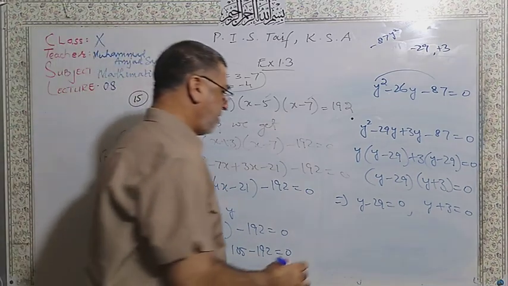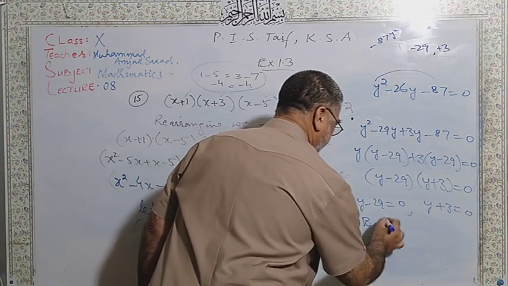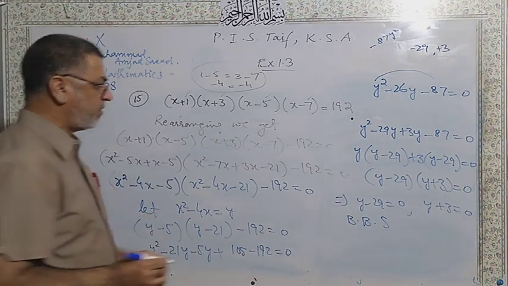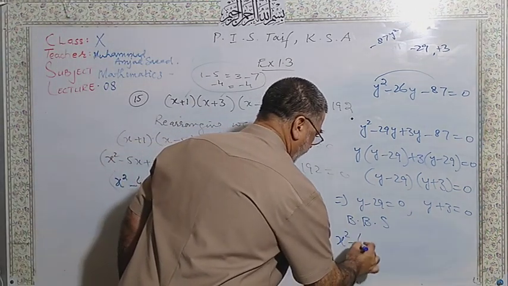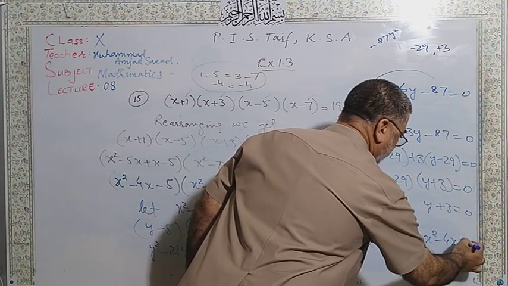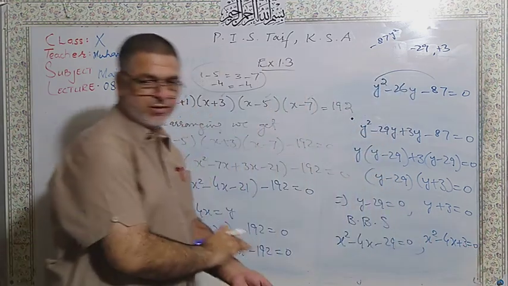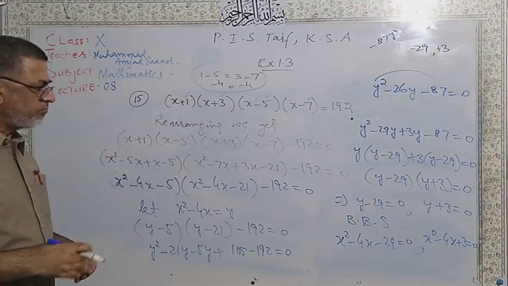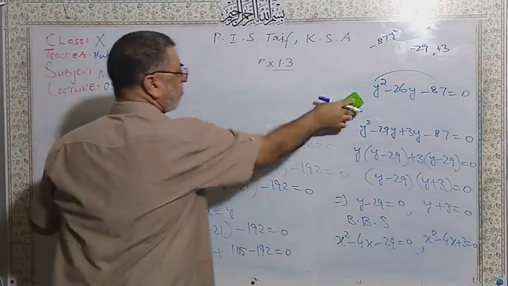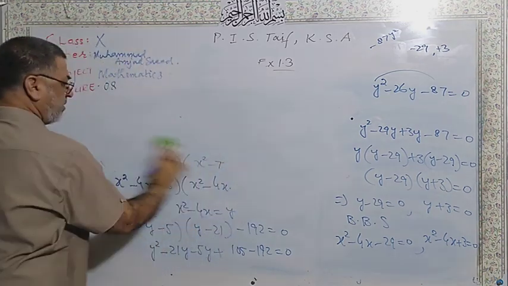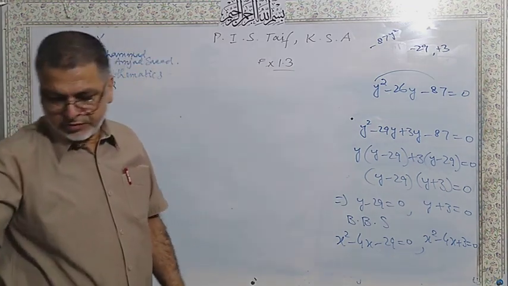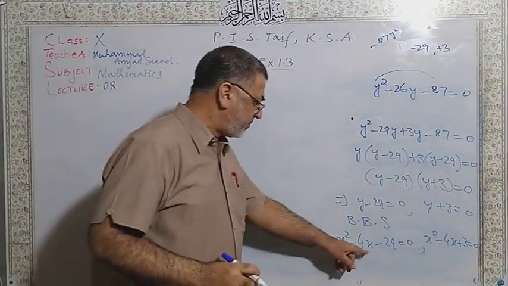Here you can see, by backward substitution, we can write down, instead of y, x square minus 4x. x square minus 4x minus 29 is equal to 0. x square minus 4x plus 3 is equal to 0. After that, you can check our equation that we have.